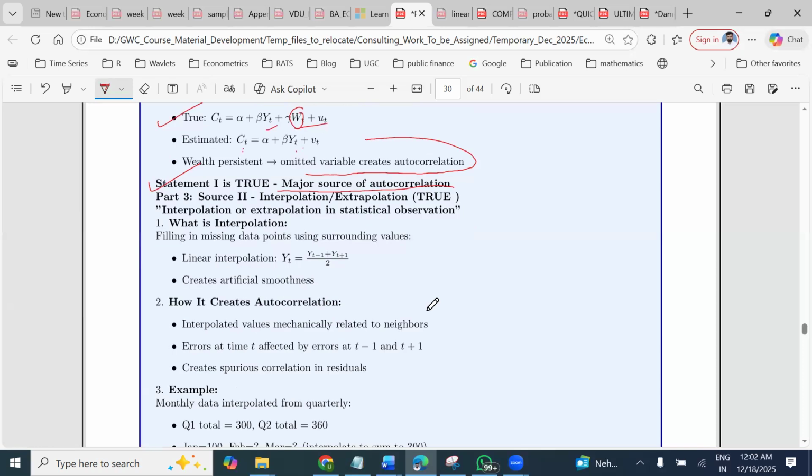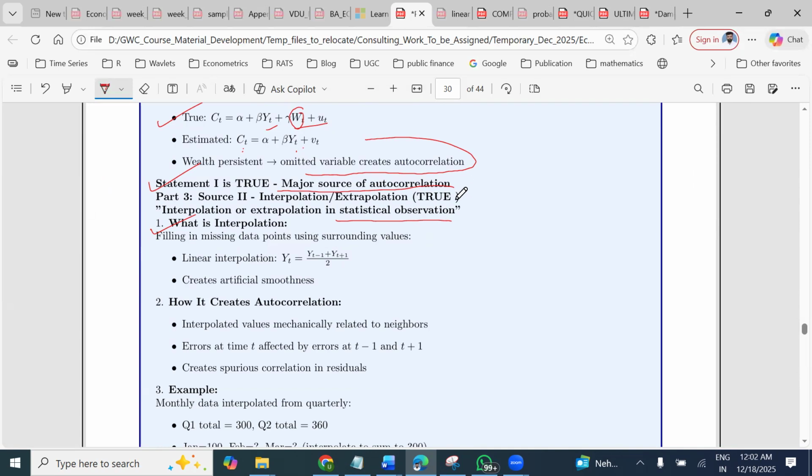Then second, interpolation or extrapolation in statistical observations. What is interpolation? Interpolation is basically when you fill the missing data points using surrounding values. You know interpolation, right, Sangeeta? No, sir.